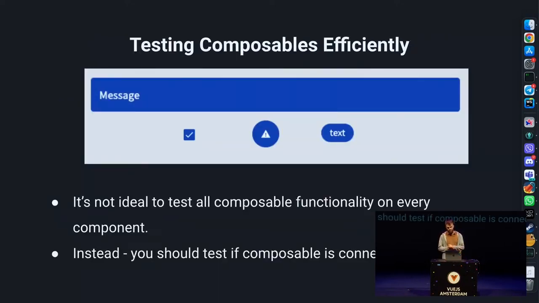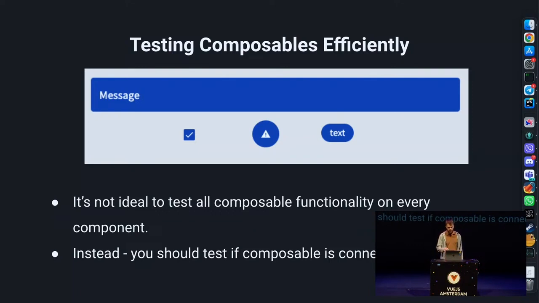Now about composables. Sometimes there is a case where you have a number of composables which all use pretty much the same functionality. They may use the same props, maybe slightly different props. Let's say this composable functionality is a bit convoluted. So if we test in stories all props for every component, that could create a lot of duplication and a lot of unneeded work.